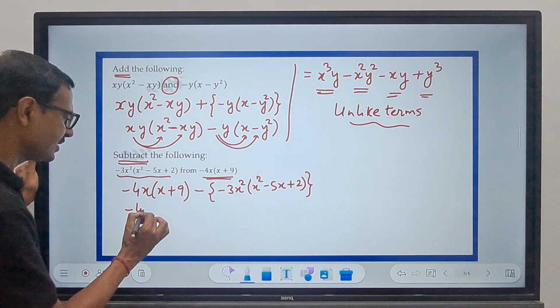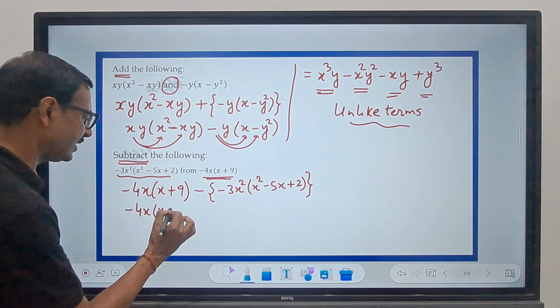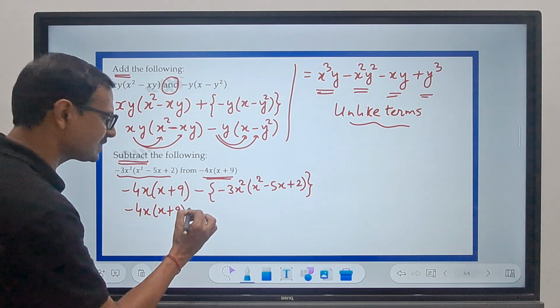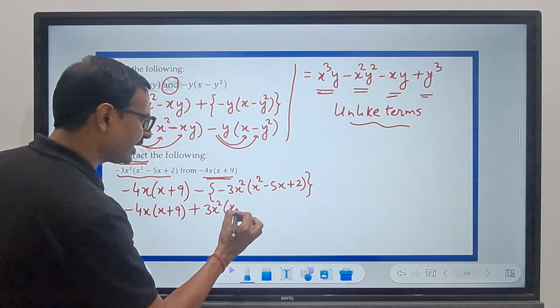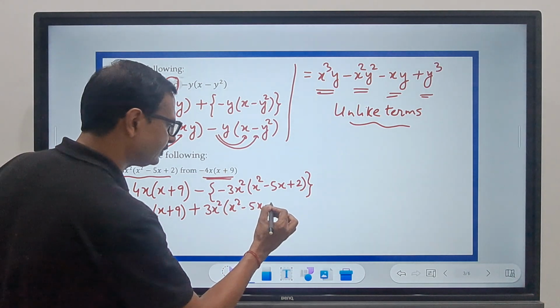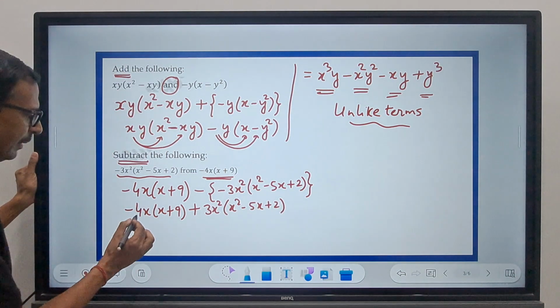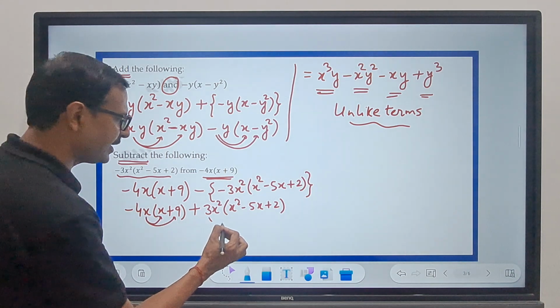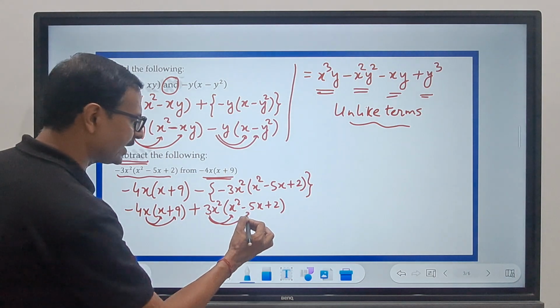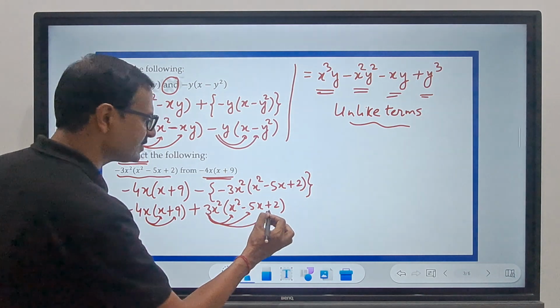Minus 4x times x plus 9 minus minus plus 3x square times x square minus 5x plus 2. Minus 4x times x, minus 4x times 9, 3x square times x square, 3x square times minus 5x and times plus 2.